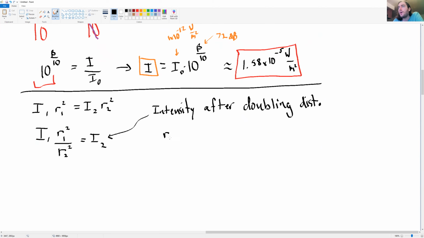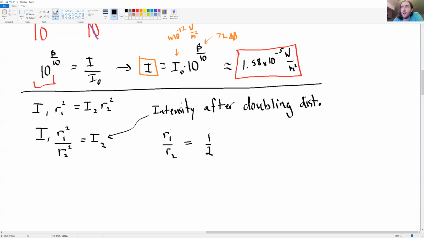And what is R1 divided by R2 if we're doubling the distance? Well, let's say R1 is like 10 meters, right? Then that means R2 is 20 meters. So 10 over 20 is going to give us a factor of 1/2, right? So R1 over R2 is 1/2.